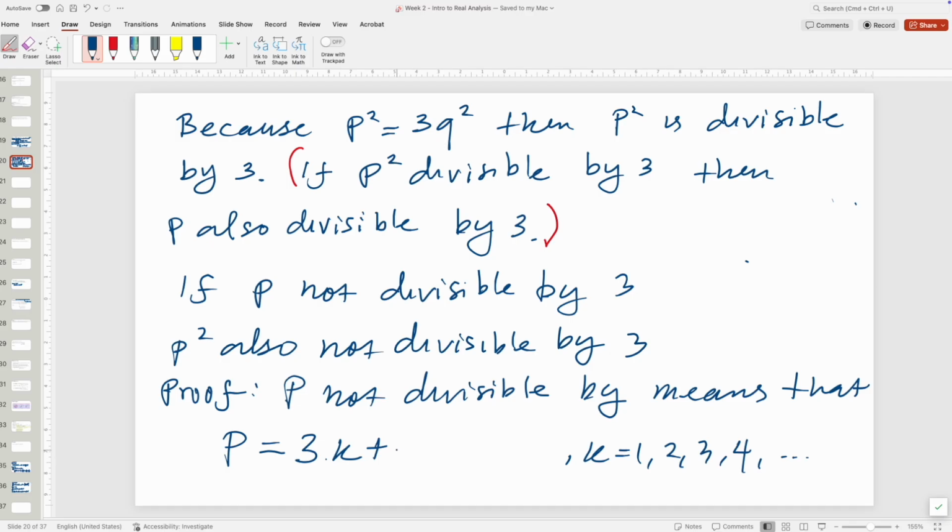But plus 1. Whatever K is, if plus 1, the remainder is 1. Right? What next? P equals 3K plus 2. 2 is also a remainder, right? Is there any other remainder that is possible?